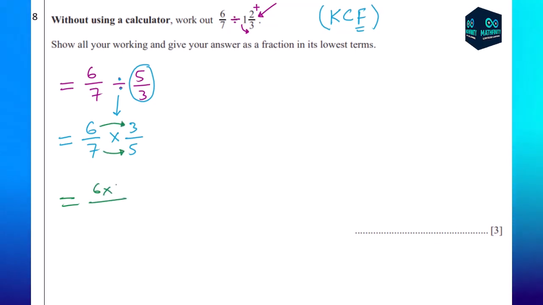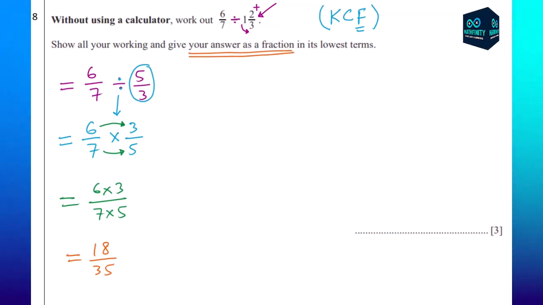So 6 times 3, 7 times 5. What is the answer now? 18 over 35. And check the statement here. Give your answer as a fraction. Okay, it means we need not convert into a mixed number. We give the answer in the form of a fraction in its lowest term or smallest term.